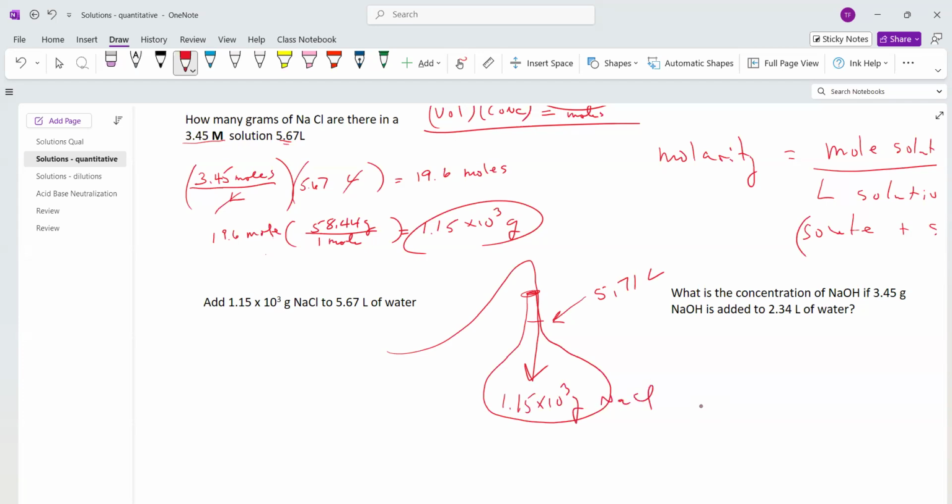Then we add in a small amount of water, something less than 5.71 liters. We could add in anything, 2 liters, 3 liters, 4 liters, as long as it's not 5.71.